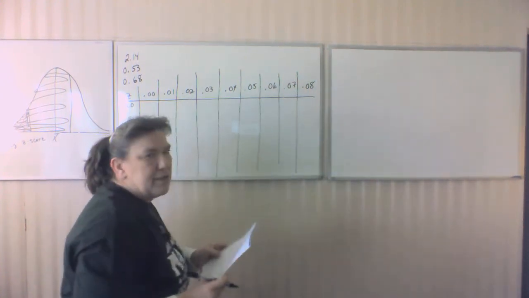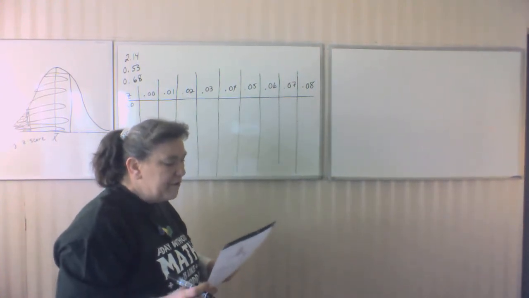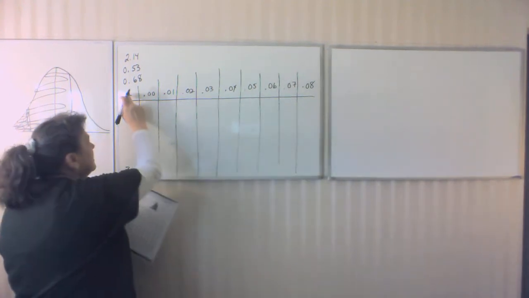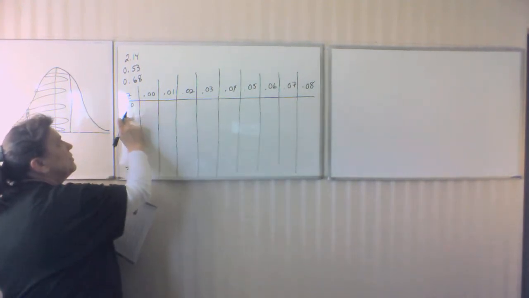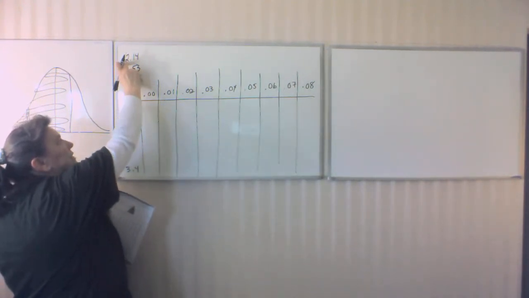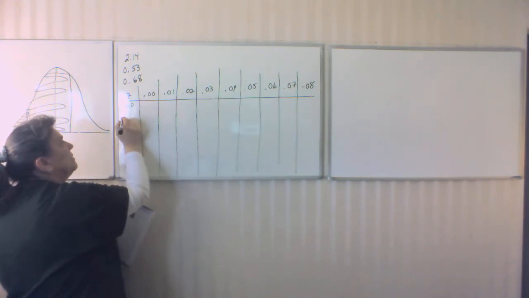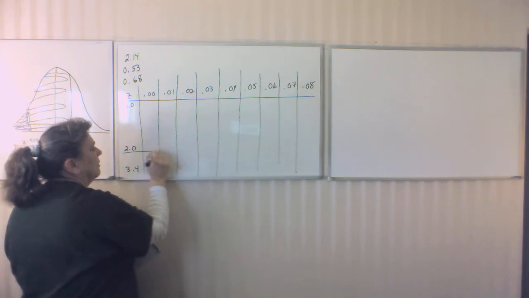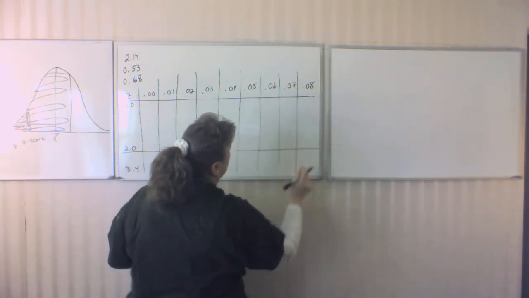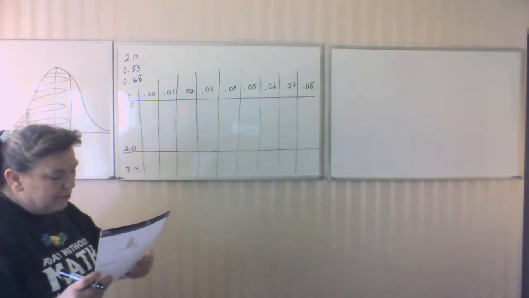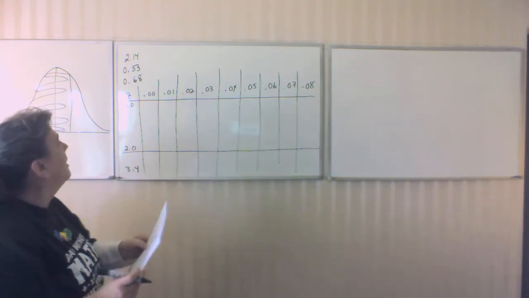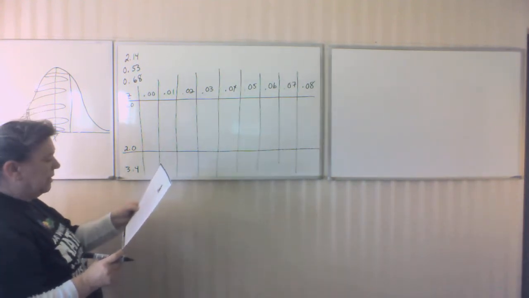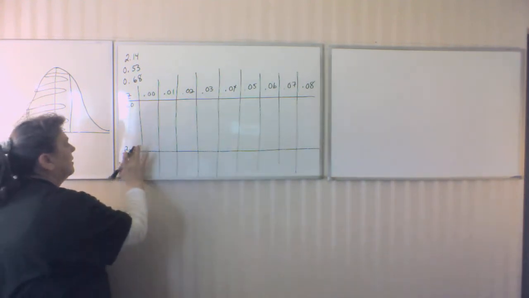Okay? So what do we do first? First of all, you go down this column here until you get to 2.0. So we're going to go to 2.1.